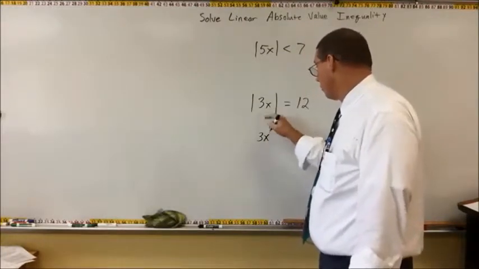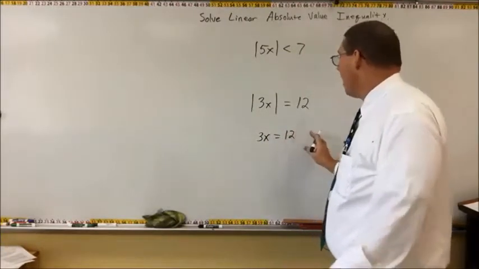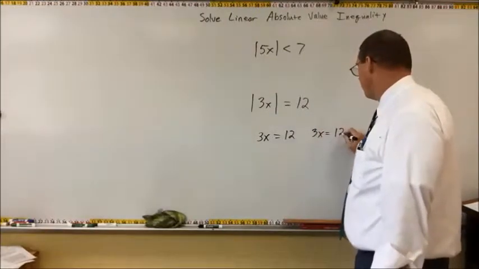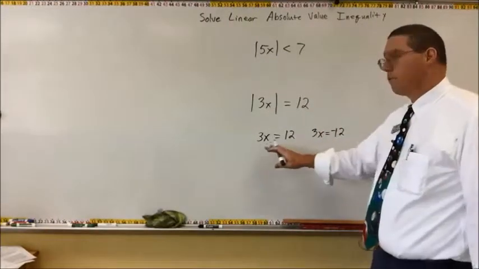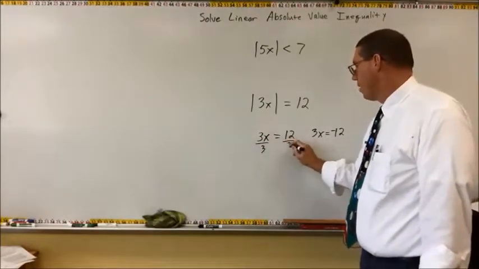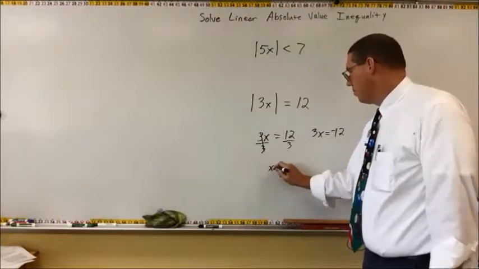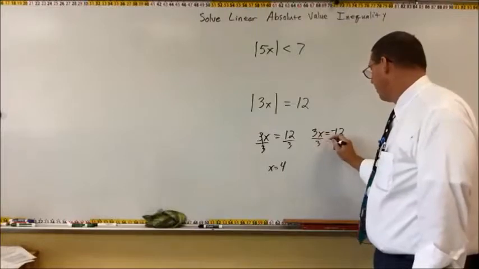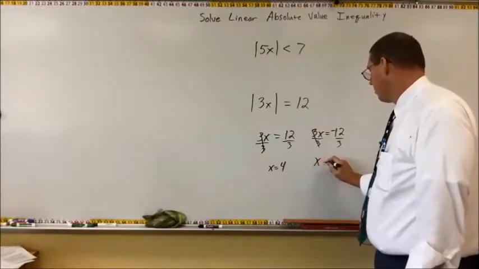The way that you solve that is you set up two separate equations. You do the regular 3x is equal to 12, and then you do another one, but you make the other side negative. So you have 3x equals 12 and 3x equals negative 12. Then you divide by 3 on both sides, and you get x equals 4, and x equals negative 4.